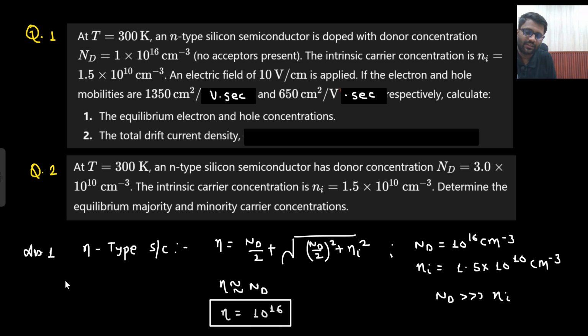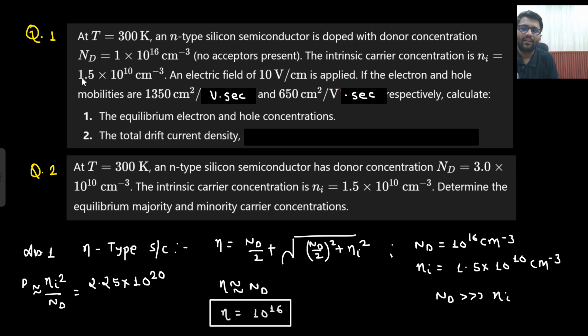And what about the hole concentration? So hole concentration will be Ni square by Nd, again approximately. So what is Ni square? Intrinsic carrier concentration was 1.5 into 10 to the power 10. What is the square of 1.5? 2.25, right? So 2.25 into 10 to the power 20.